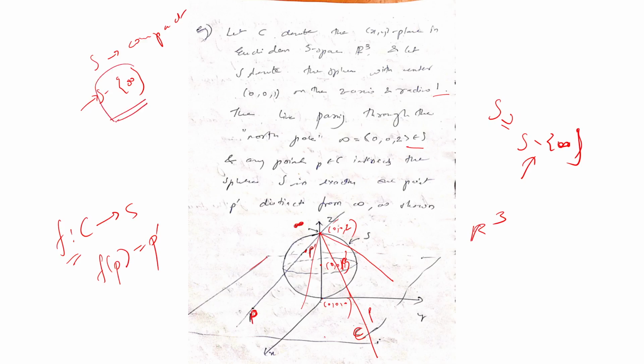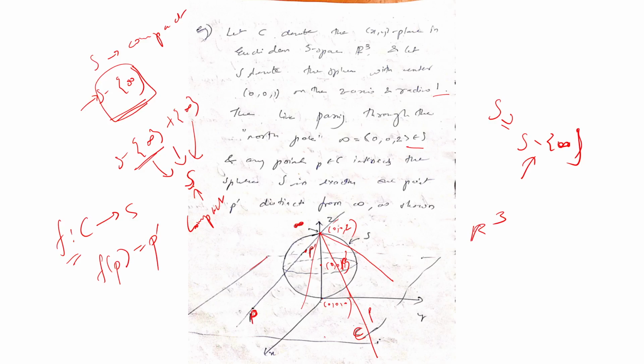If you are considering this set S minus infinity, add one point, infinity, in this, so it will form S. We have extended this to S, and whatever we have extended is now compact. So this is the original one which we have extended to S, and now S is compact.